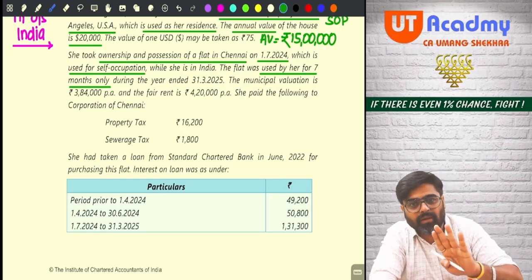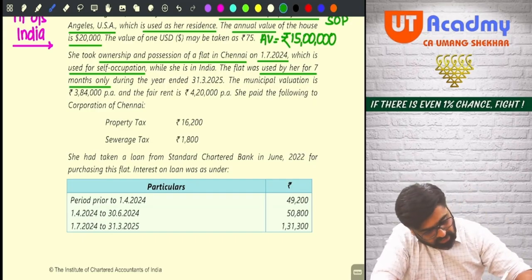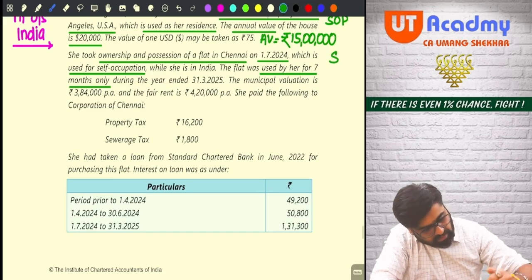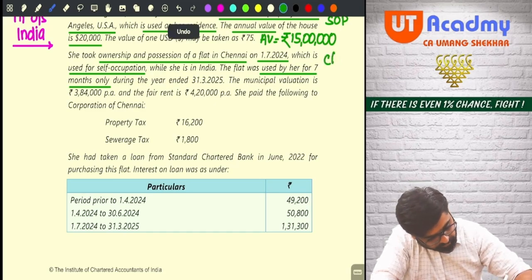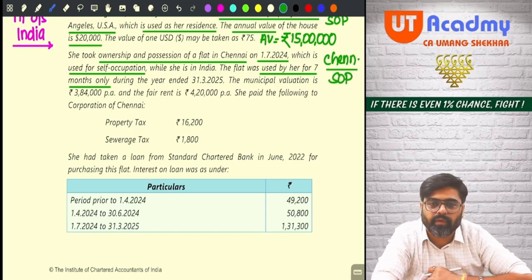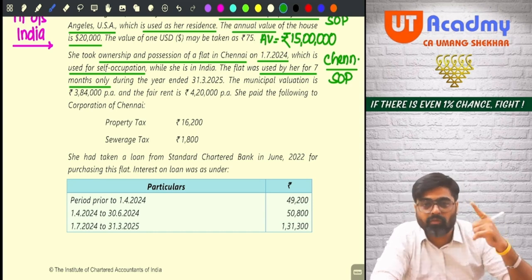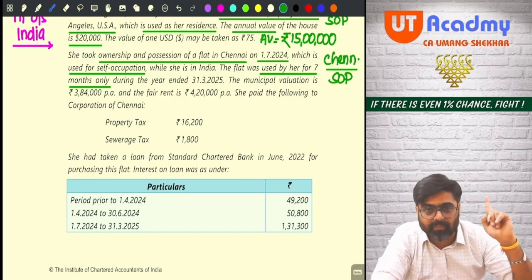Hence, this property will be treated as her SOP only. Getting my point? So, this property, can I say Chennai property? Even this property can be treated as her SOP. Now she is having two SOPs, one in India, one outside India. The annual value of both the SOPs can be claimed as exempt.